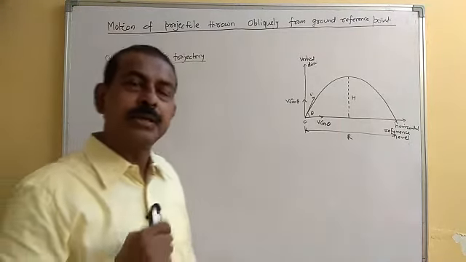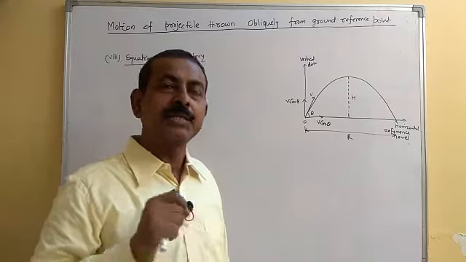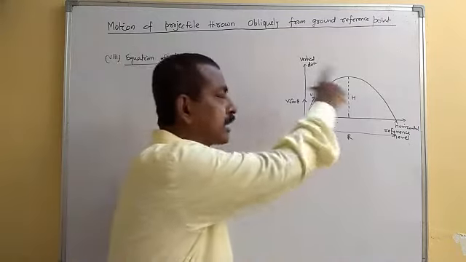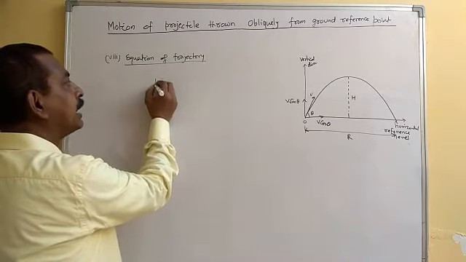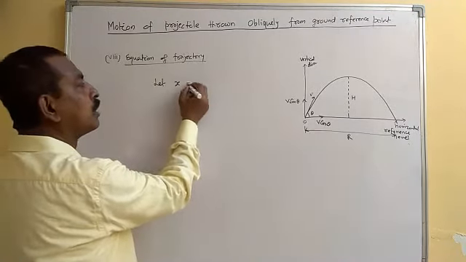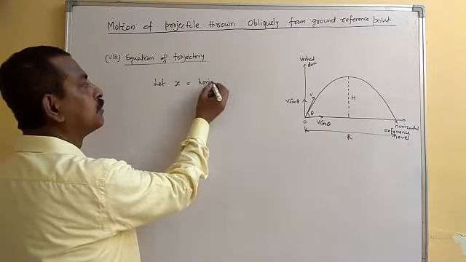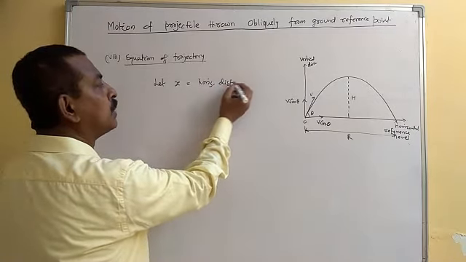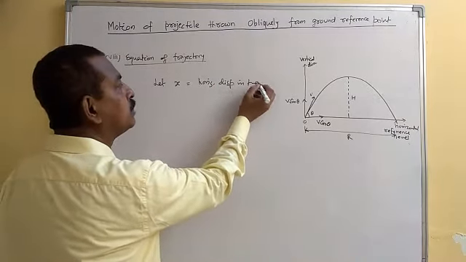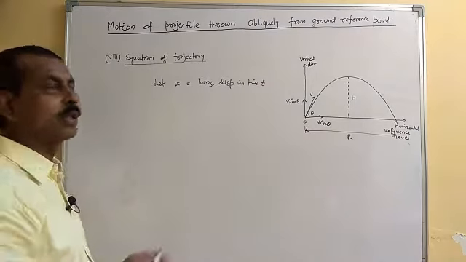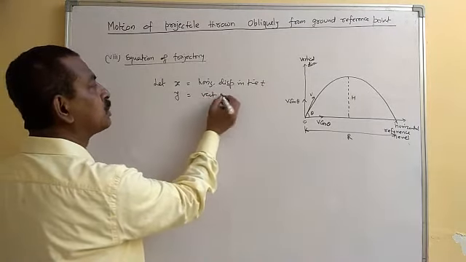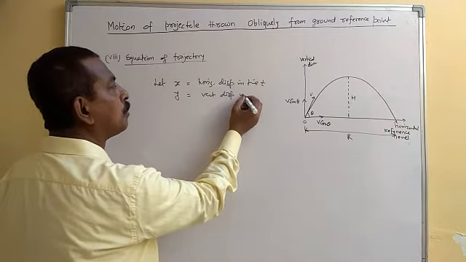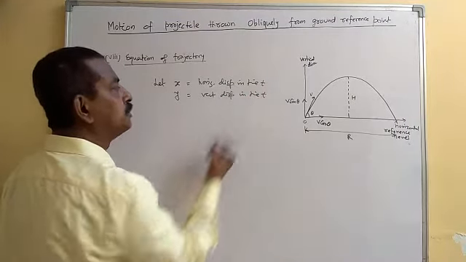Let's now take the equation of trajectory. That is the equation of the path of the projectile. Suppose we assume that x is the horizontal displacement in time t, and y is the vertical displacement in time t.